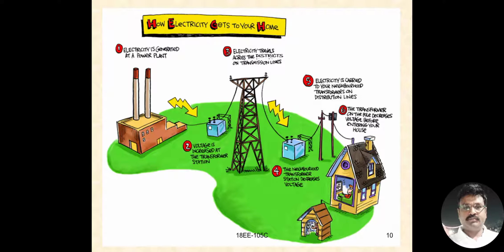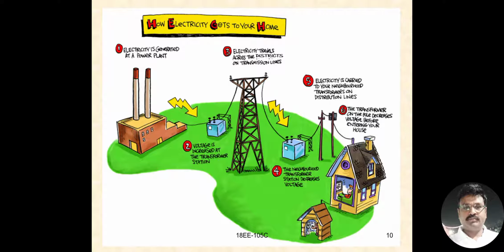That is the starting point of the transmission, and electricity travels across the districts on transmission lines. It is a part of the transmission. And four, the neighborhood transformer station decreases the voltage. And the fifth, electricity is carried to your neighborhood transformers on distribution lines. It is a part of the distribution.